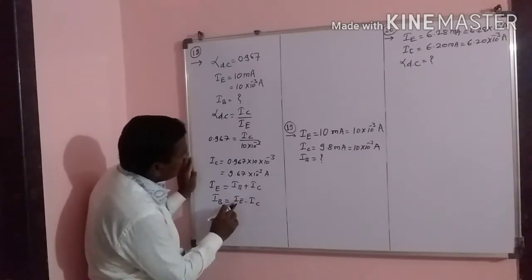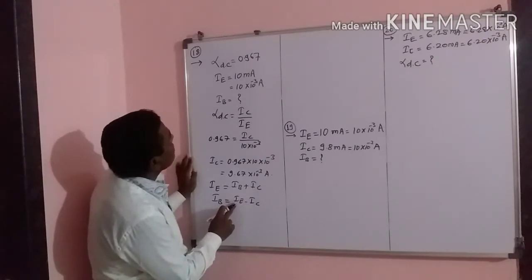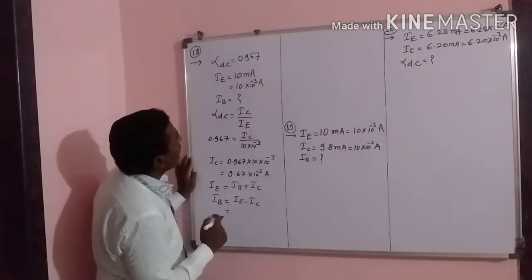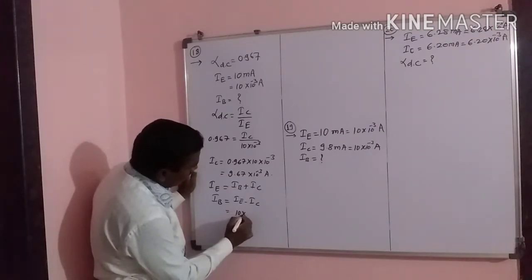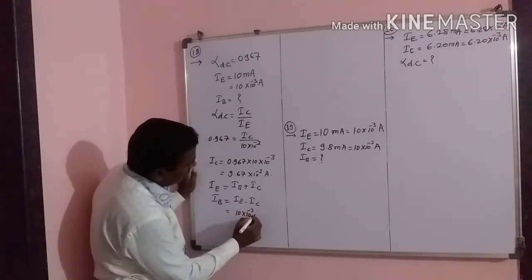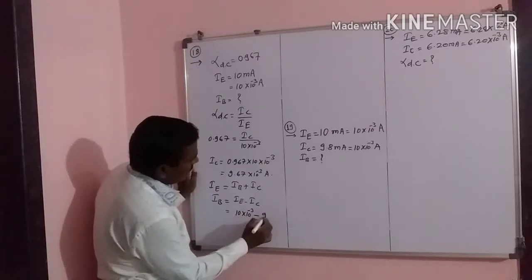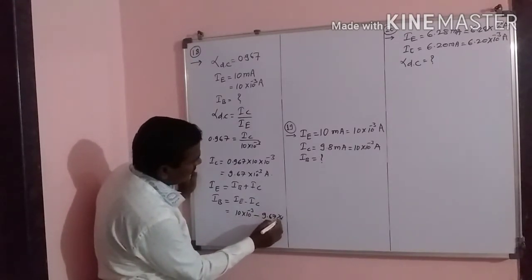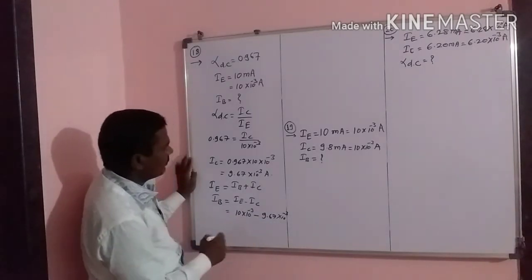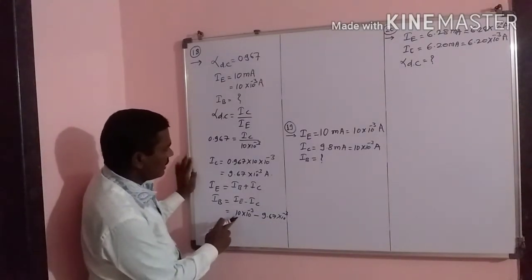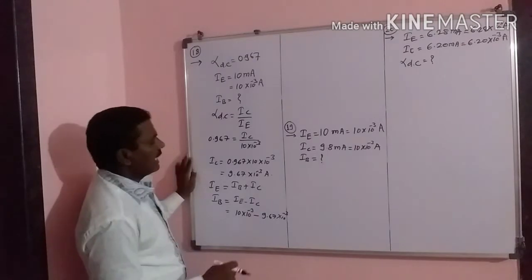The value of IE is 10 into 10 to the power minus 3, so we write 10 into 10 to the power minus 3 minus 9.67 into 10 to the power minus 3.